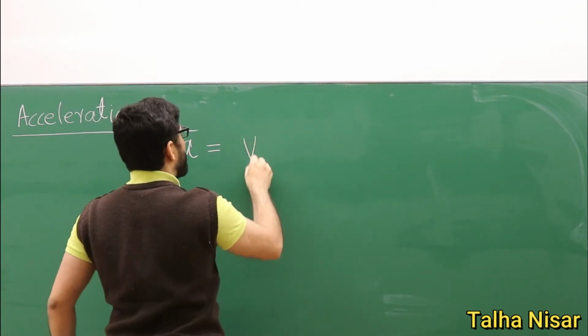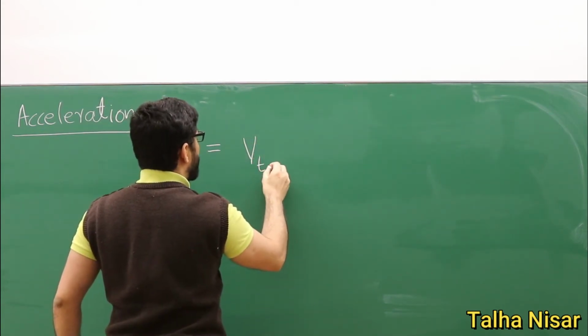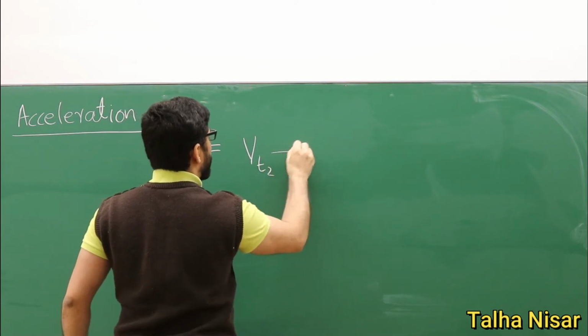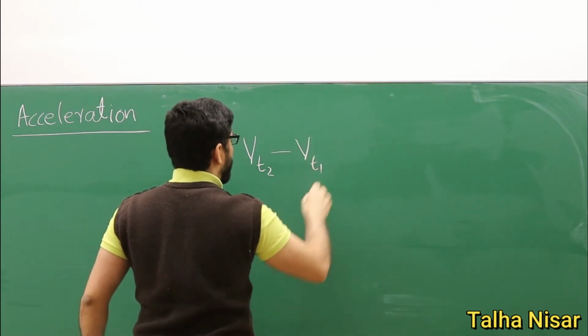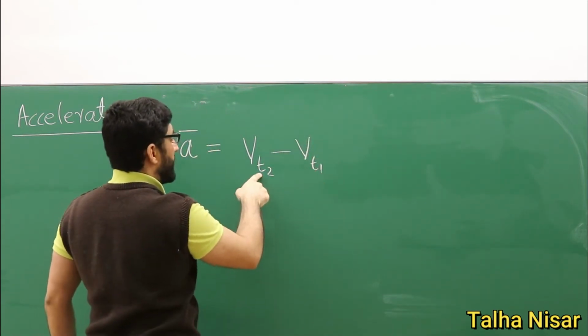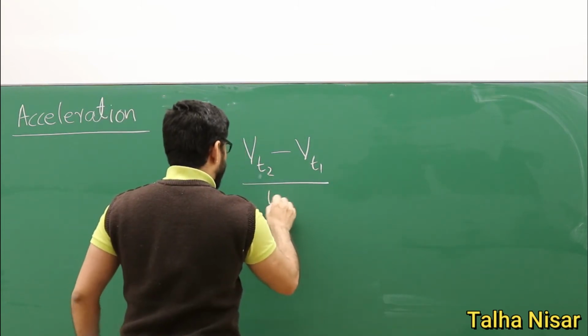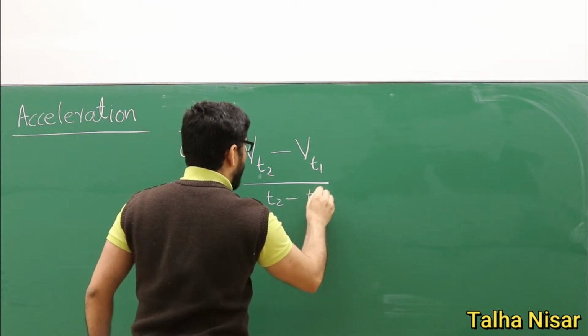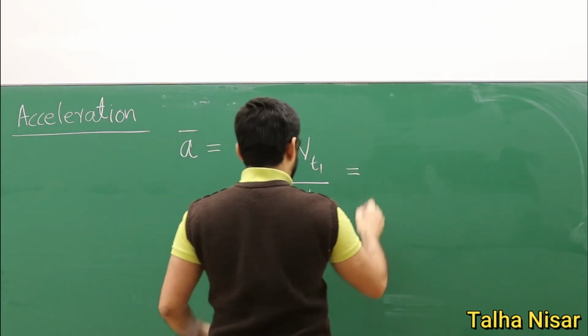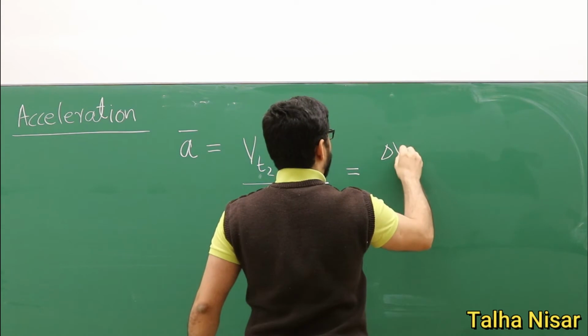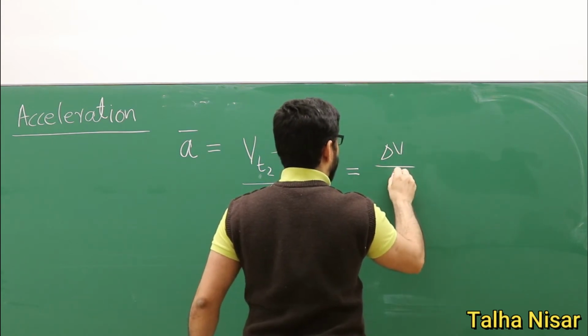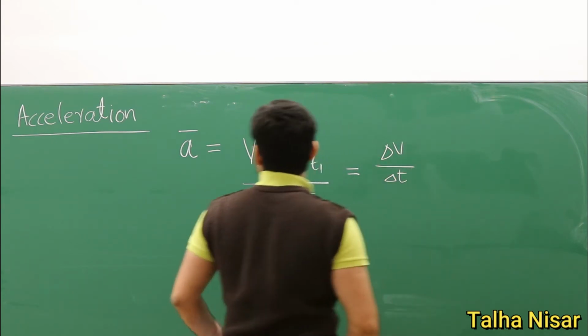We have the change of velocity: the final velocity minus the initial velocity, divided by time t2 minus t1. We can also write that as the change in velocity divided by time.